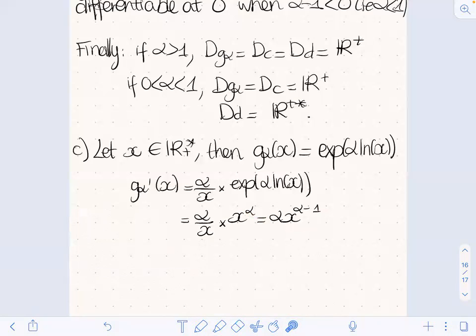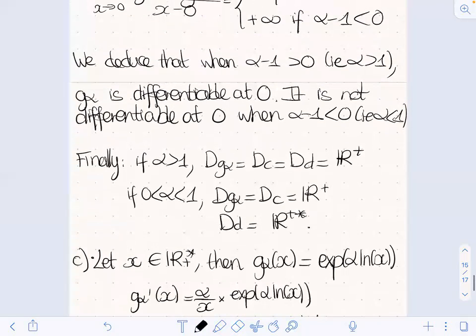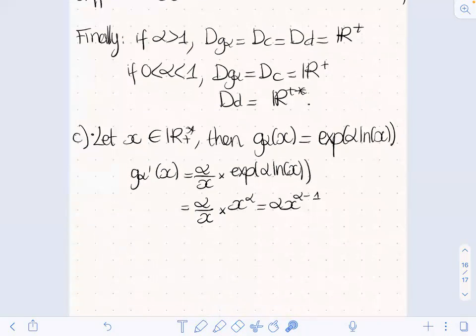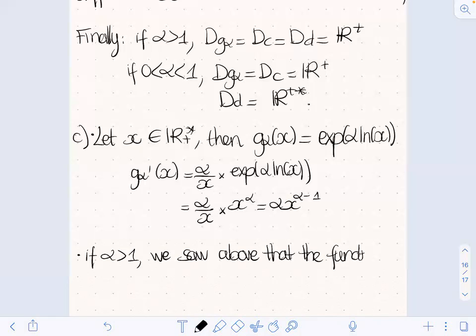So that's the derivative. But if you take a look at what I've just written above, there's a specific case. It's the case where alpha is greater than 1, where you can differentiate the function at 0. So if alpha is greater than 1, we saw above that the function can be differentiated at 0.